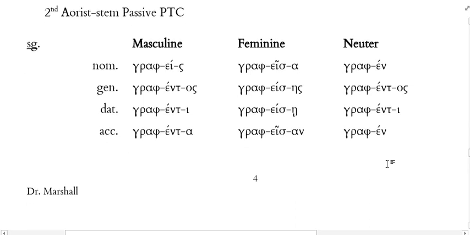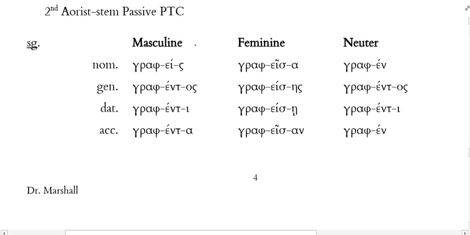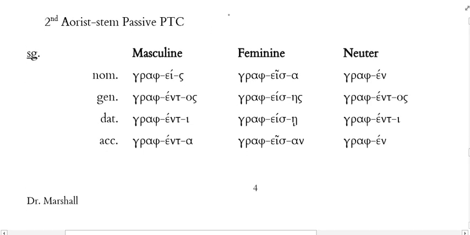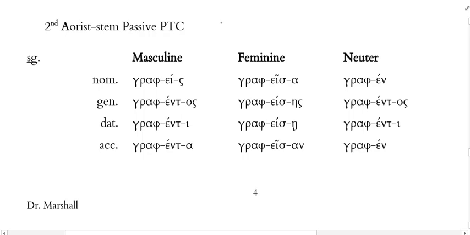So let's read these forms here. Using grapho, grapho is to do what? To write. Okay. Now, let me just remind us about one real important fact about the aorist. First aorist versus second aorist. What is the first aorist active of grapho? It's egrapsa.